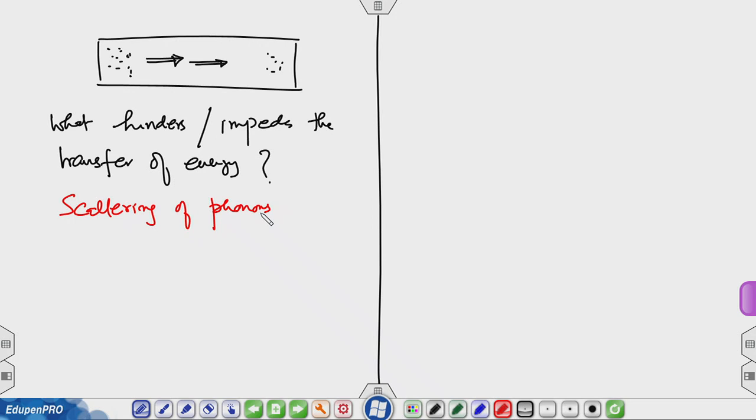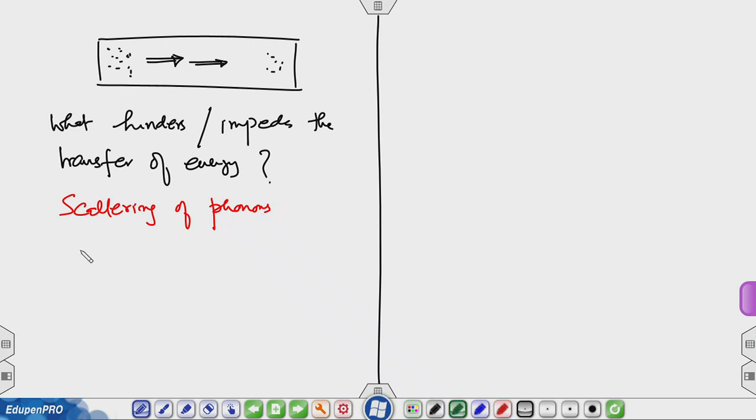Just like in case of electrons, the scattering of electrons from impurities gave rise to the lessening of thermal conductivity or electrical conductivity. In the present case, phonons carry no charge, so only thermal conductivity is going to be there. If they get scattered, then that stops, impedes the transfer of energy and limits the conductivity, and that is what's going to be the limiting factor in terms of conductivity of the system.